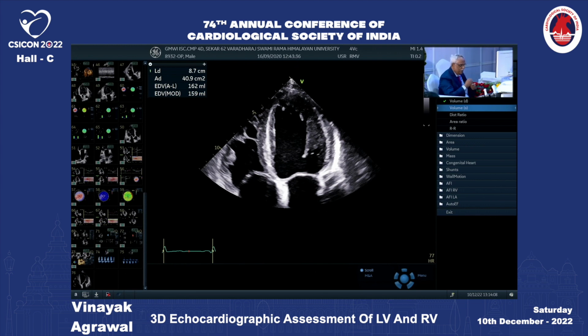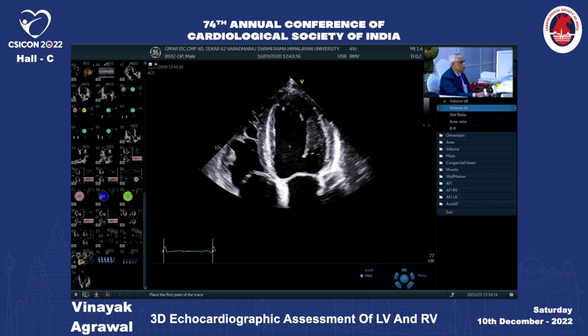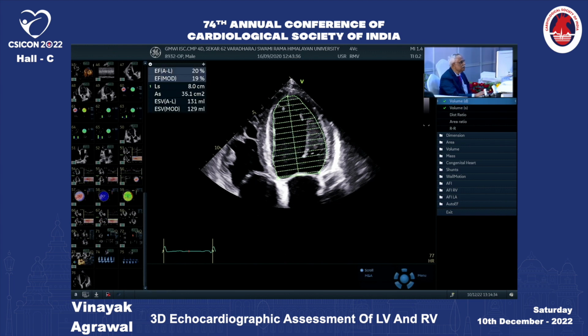And then find the end diastolic frame. So here we have to do the systolic volume. Here the endocardium of the lateral wall is not very clear, but we'll take it like this. So the end systolic volume is 131 and the ejection fraction comes to 20%.